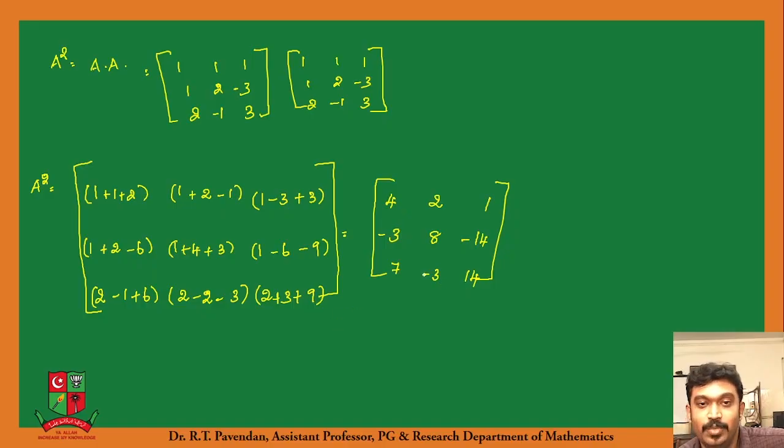So for A cube, we have to multiply this matrix A square that we have obtained now with the given matrix A. So that is our next step. So to find A cube, which is nothing but A square times A, let me take the two matrices along.